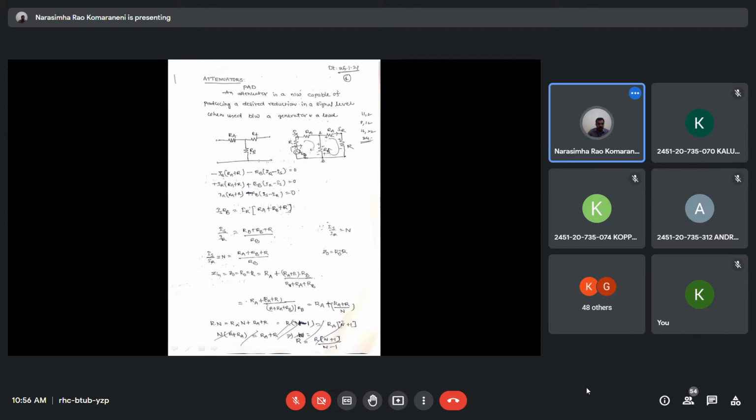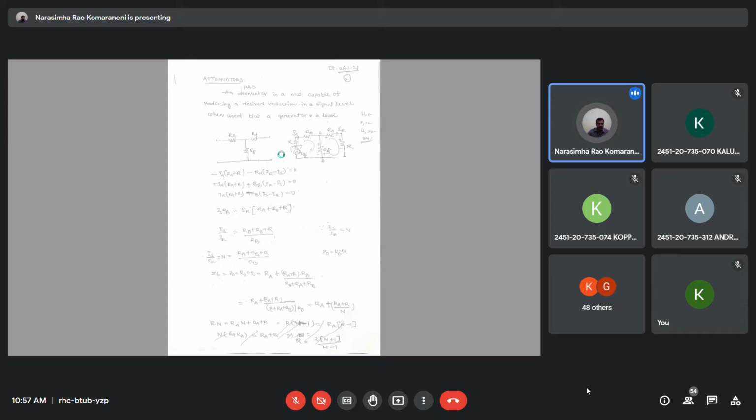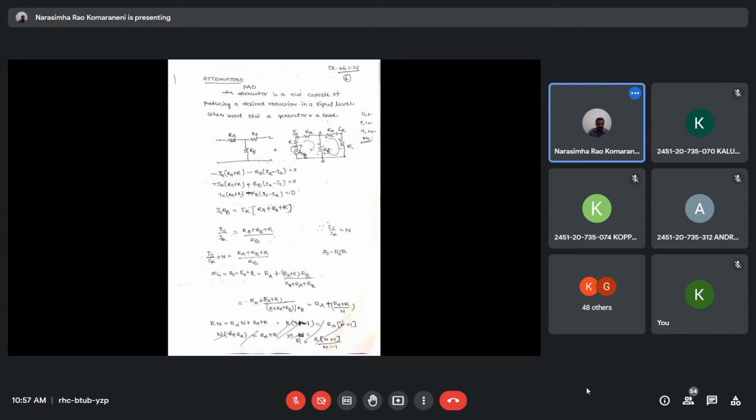Now, to derive the series branch element and the shunt element, for this circuit, the source EG is connected with a source resistance of R, and the attenuator is terminated with the resistance R. The source can also be called VS. We also know that for a symmetrical network, the input impedance is equal to the terminating impedance, which is also called the characteristic impedance.